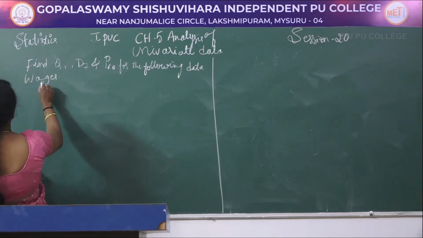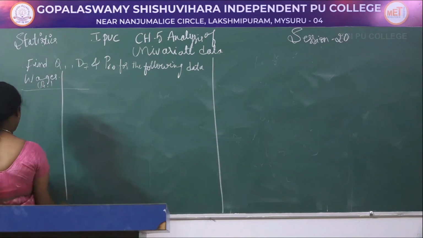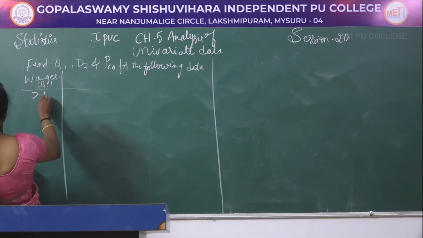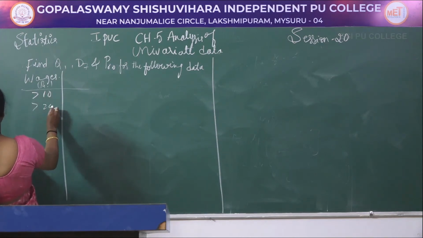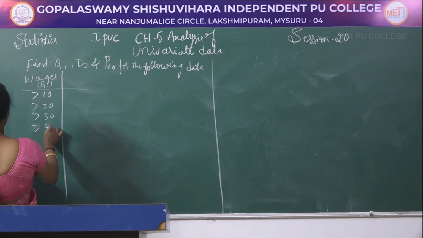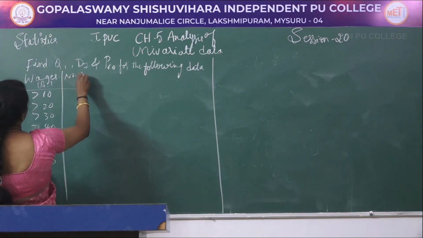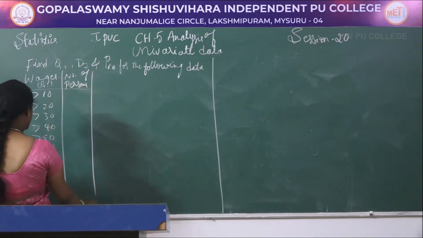Wages in rupees: greater than 10, greater than 20, greater than 30, greater than 40, greater than 50, greater than 60, greater than 70. Next, number of persons.